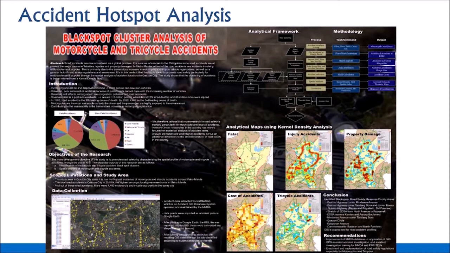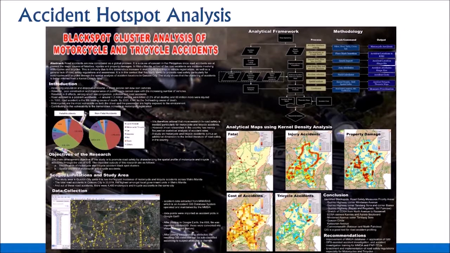Also, an example is accident hotspot analysis. In here, this is used for identifying black spots of accidents involving motorcycles and tricycles. And the source of data for this one is, I think, the MMDA database, MARAS. And the accidents were plotted in Google Earth and then processed and analyzed using kernel density analysis.